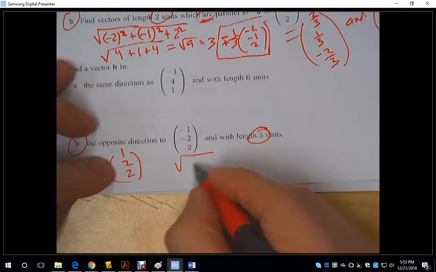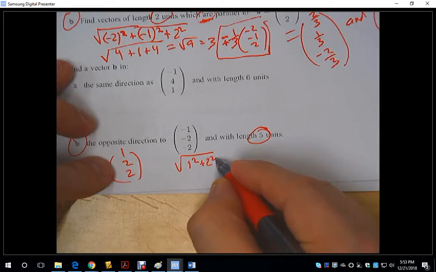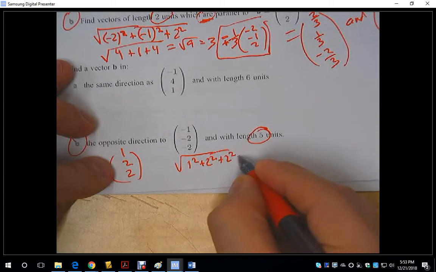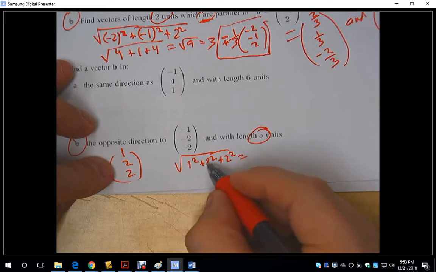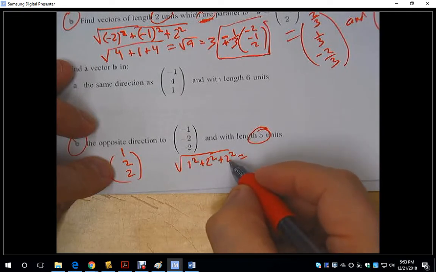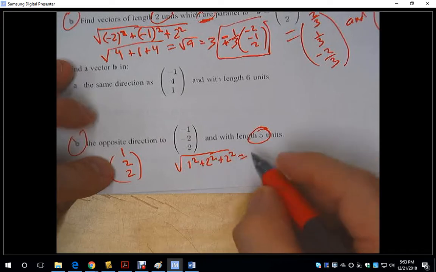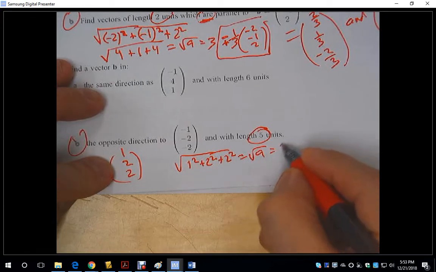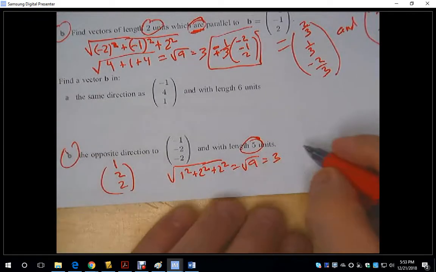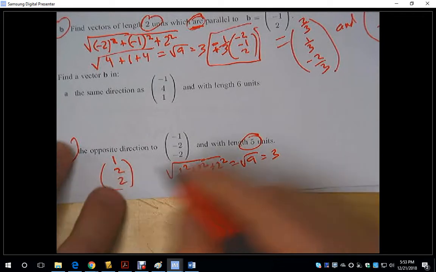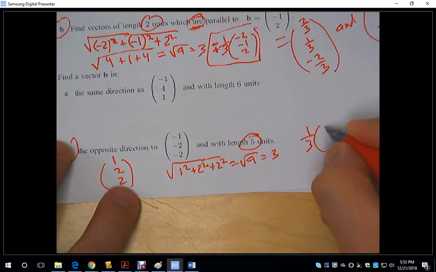So the square root of 1 squared plus 2 squared plus 2 squared: 2 squared is 4, plus 4 is 8, plus 1 is 9, so I have the square root of 9, which is just 3. So if I multiply it by a scalar of 1/3, then I have a unit vector.